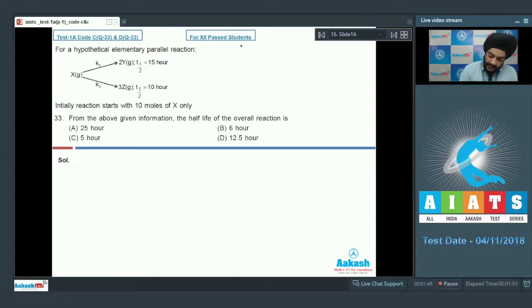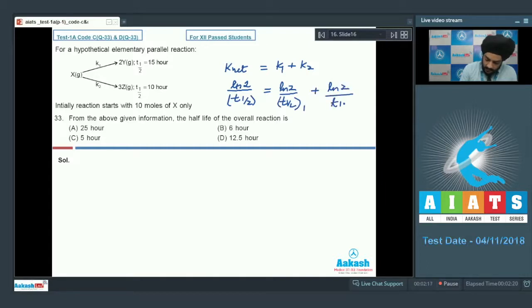So students, we know that the net K can be written as equal to K1 plus K2. Now this can be written as ln2 by T half net, which you have to find out. It is equal to ln2 by T half 1 plus ln2 by T half of 2.